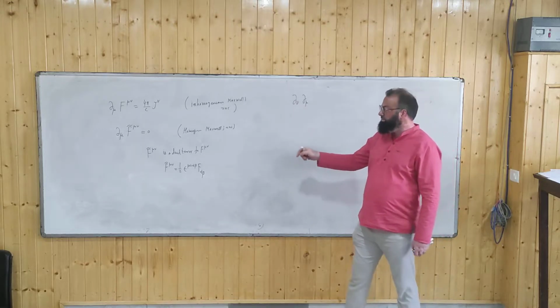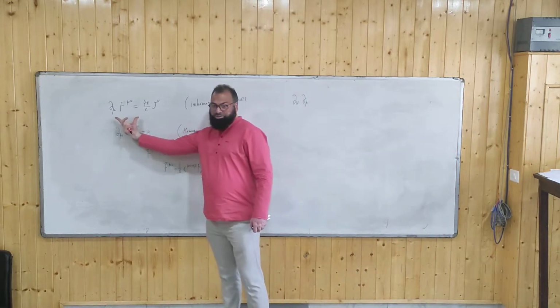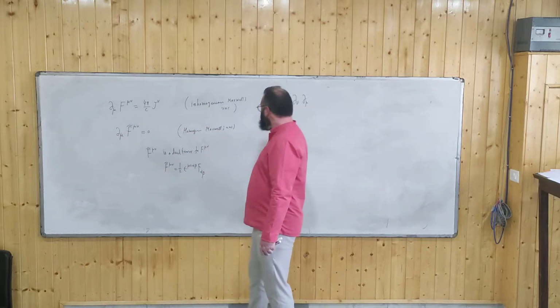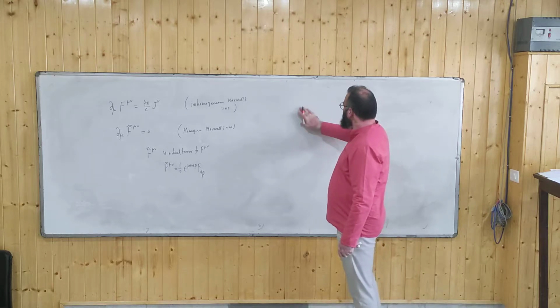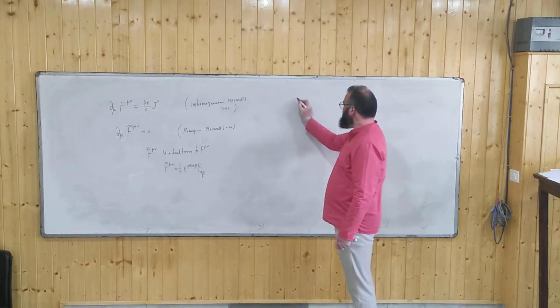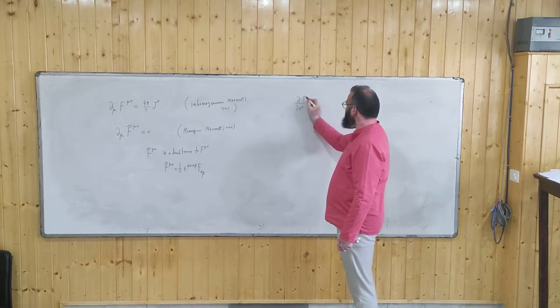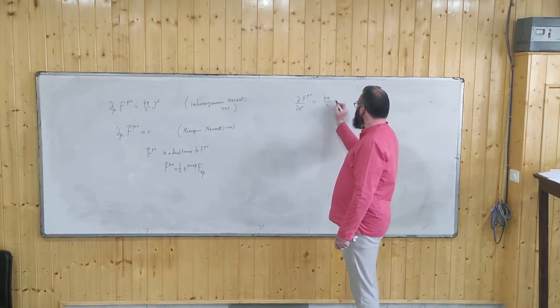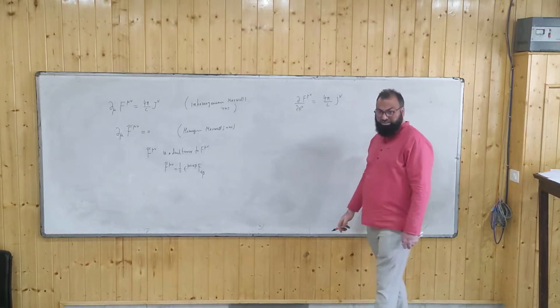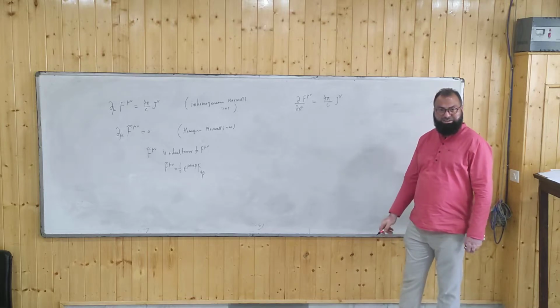Let's differentiate this equation on both sides. Let me write that equation: partial by partial x mu, F mu nu, that's equal to 4 pi by c J nu. So I have written that equation.